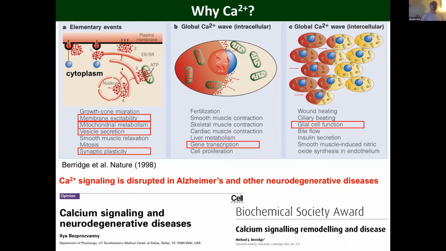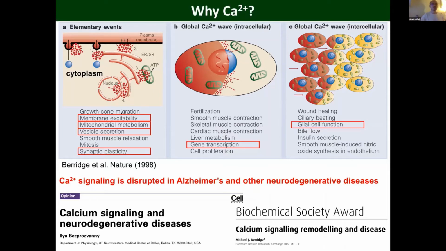So if anything goes wrong at any of these levels with the calcium signaling, you can expect that the function of the cell and then the tissue is going to be disrupted. And that's why people floated this hypothesis, which is called the calcium hypothesis of Alzheimer's disease and neurodegeneration, that actually it's the calcium which is causing a lot of problems in the brain in the aging diseases.